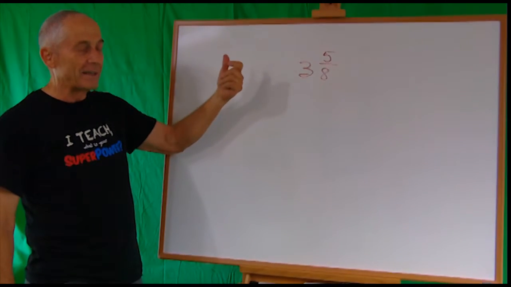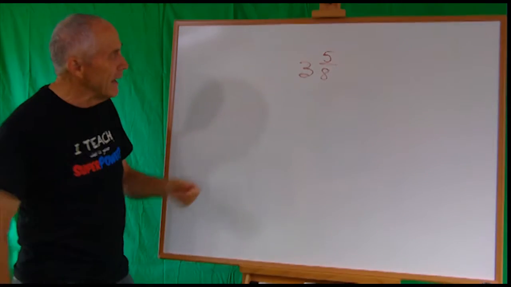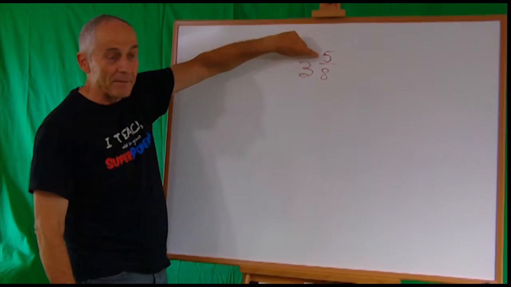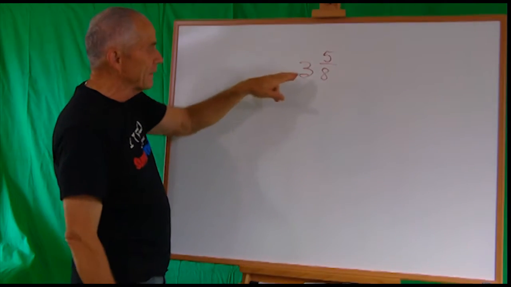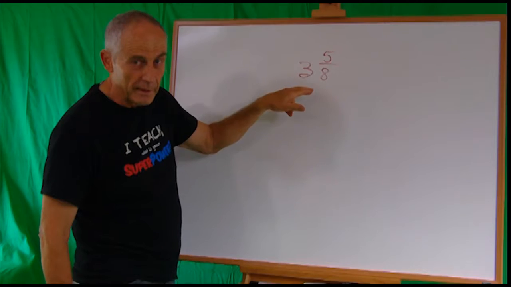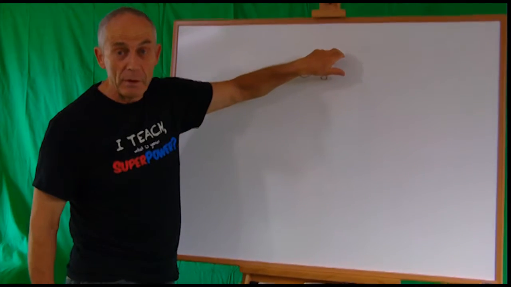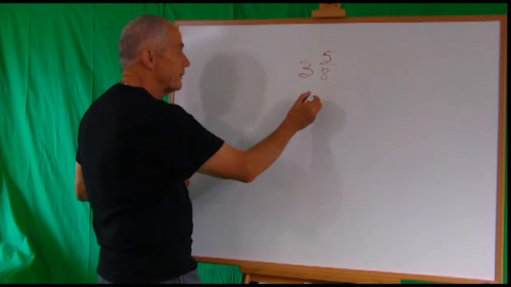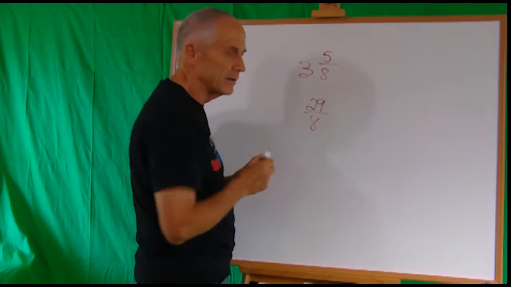So I've got 3 times 8. That's 24. And then I've got 5 of them here, because this is 5 eighths. So I've got the 24 that I have in this full group of 3, and I've got 5 more of them there, so I've got 29 eighths.